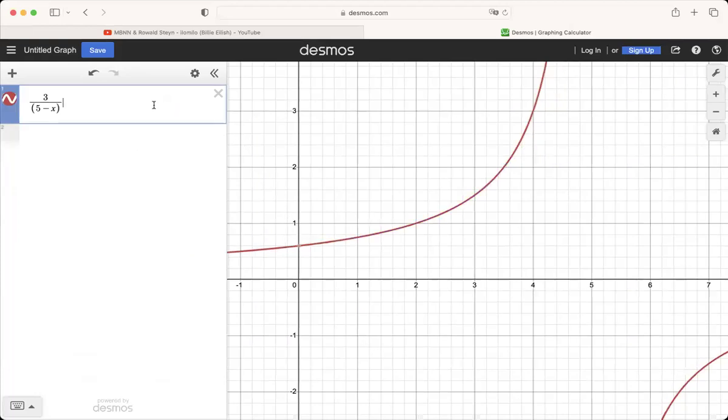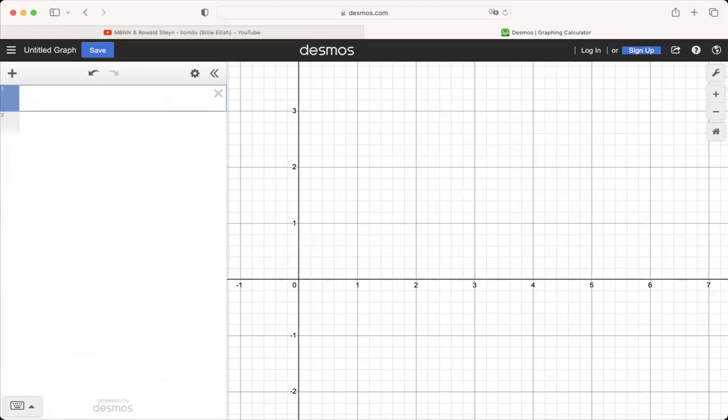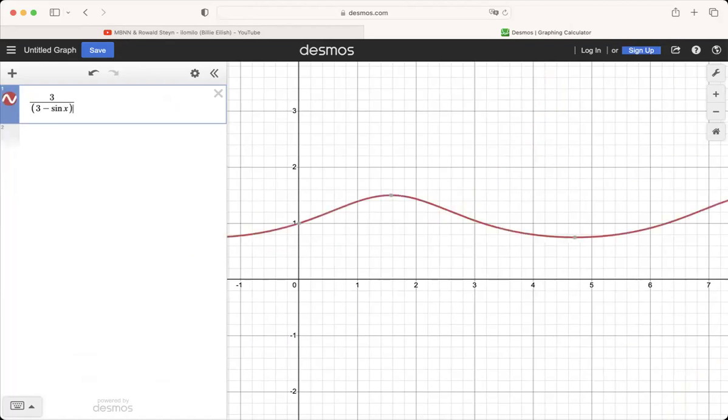Let's erase previous functions. So here we have 3 divided by 3 minus sine x. And then take a look at this quantity that you have.